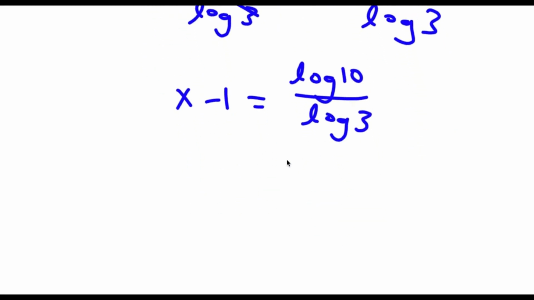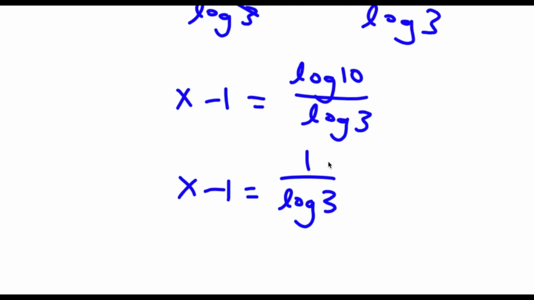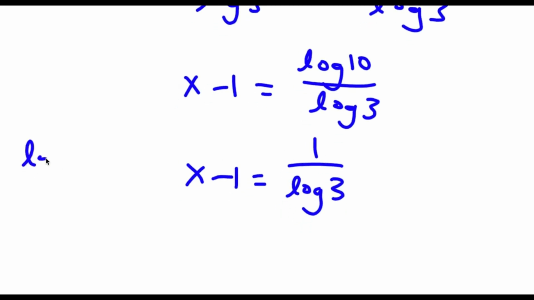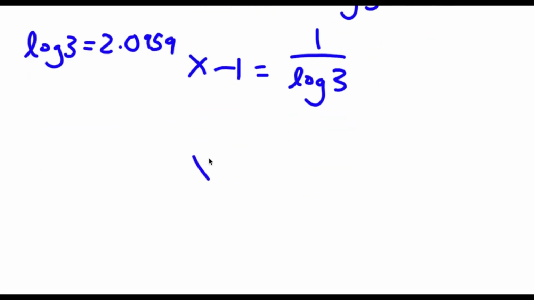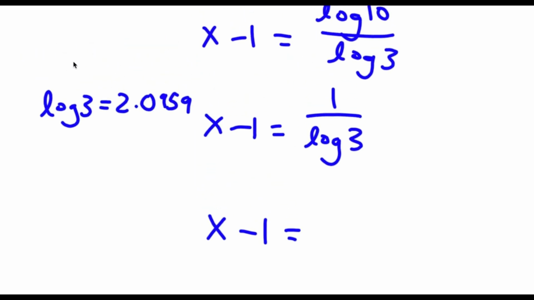Now log 10, this is actually equal to 1. So now I have x minus 1 is equal to 1 over log 3. And 1 over log 3, this is equal to 2.0959.